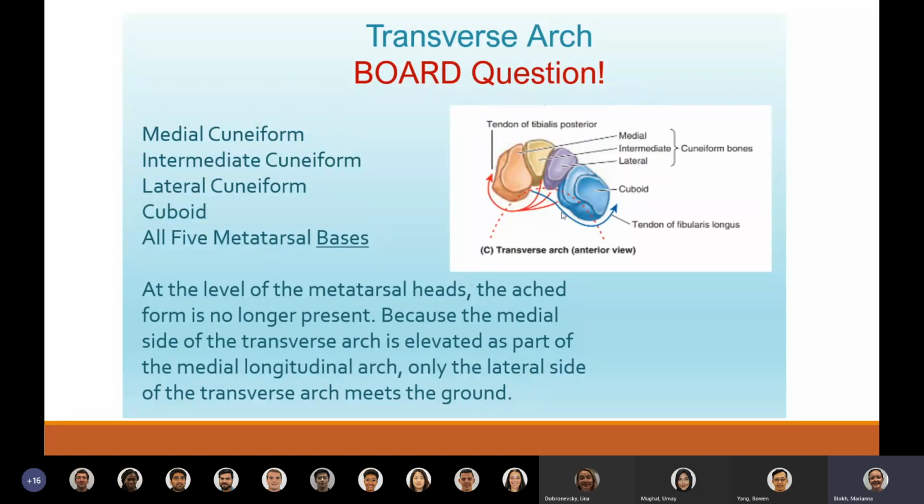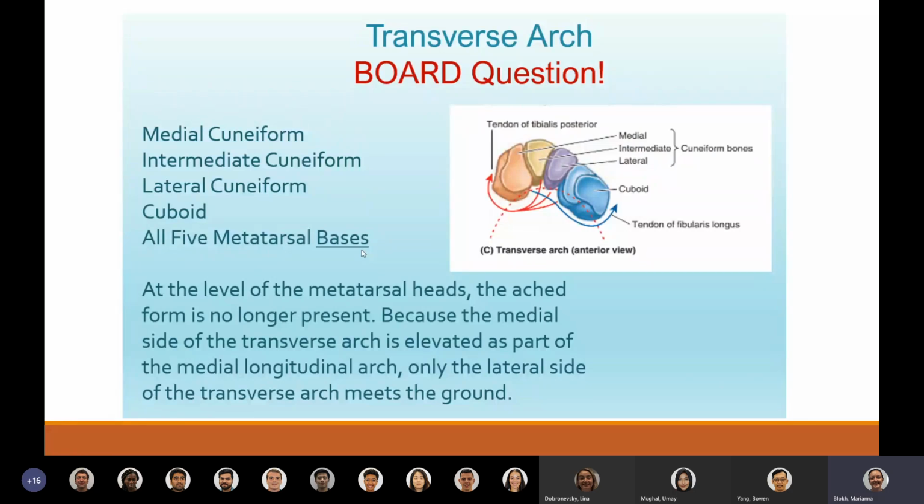So we're thinking about the medial cuneiform, intermediate, and lateral cuneiforms. At that level, we also have the cuboid over here. And that also includes all 5 metatarsal bases only, okay? Metatarsal bases. So transverse arch: the cuneiforms, cuboid, and all 5 metatarsal bases. That's a trick question, because they could give you something like metatarsal shafts as an answer. So they could trick you.